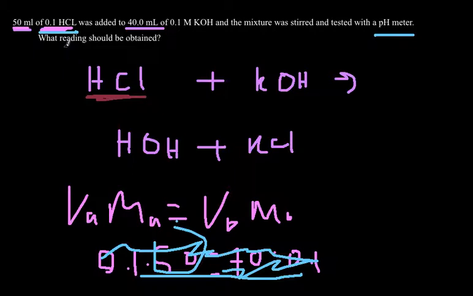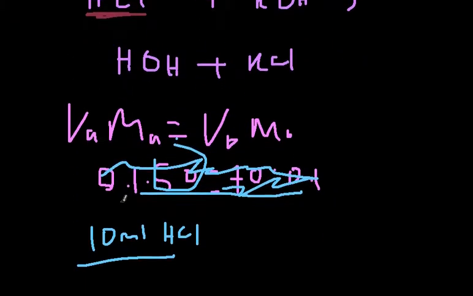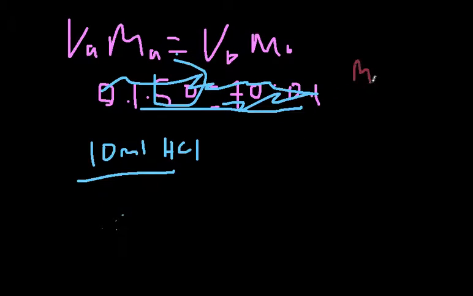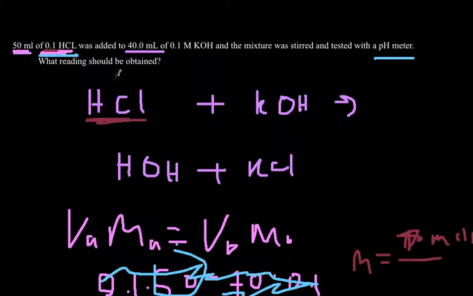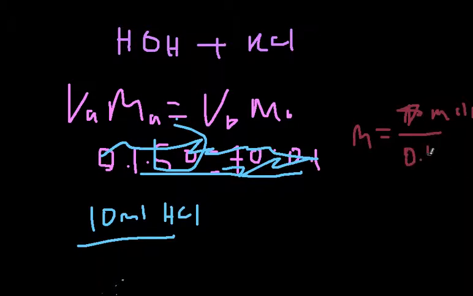So it starts out with 0.1 molar of this. Molarity, if you remember, is number of moles by liters. So the liters is 0.09. That's how many liters there are.